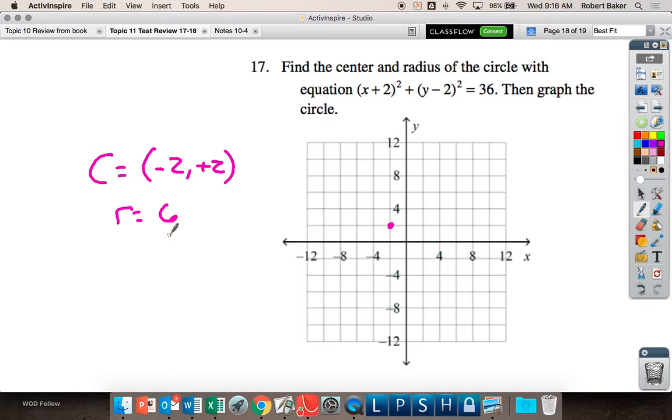So I need to go 2, 4, 6, 2, 4, 6, 2, 4, 6, 2, 4, 6, and you can draw a circle. So your radius is 6 up, 6 left, 6 right, and 6 down. You can sketch a little circle.